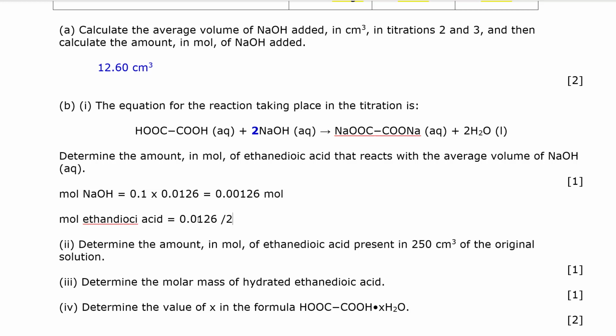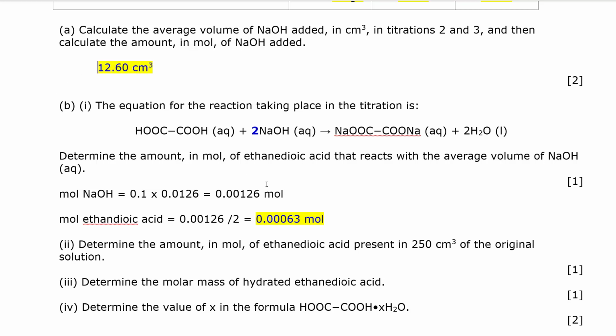I've missed a naught out, I can see that. Which comes to 0.00063 moles. This is the moles of ethandioic acid. All right, this is our answer here. Let's highlight it in blue with a bit of colour.